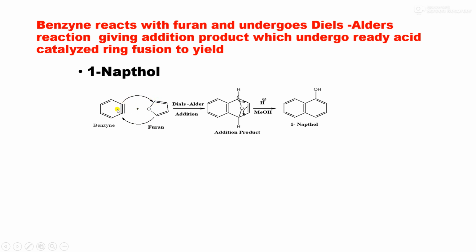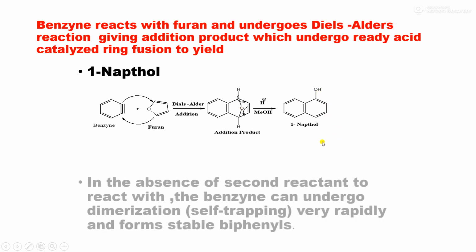This is a diene and this is known as a dienophile, and the attack occurs by the Diels-Alder way, and there is formation of this addition product, and on treatment with mineral acid, H plus and methanol, we get a naphthol. So this bond is broken, this bond is shifted here, aromatization occurs, and this oxygen gets converted into OH, known as 1-naphthol.